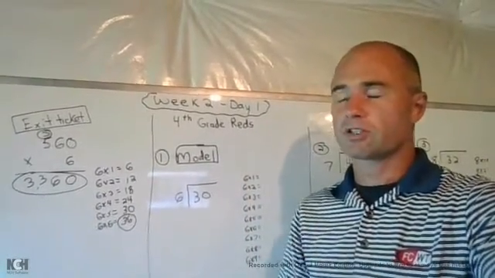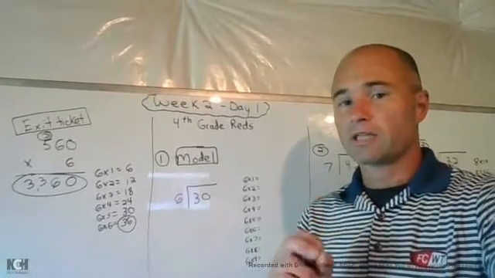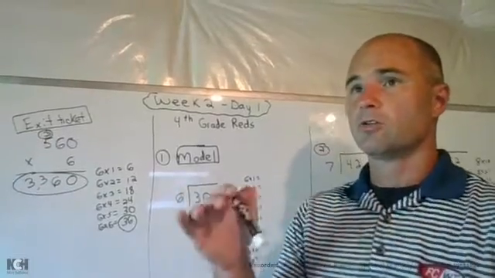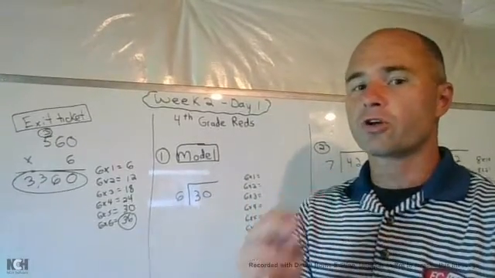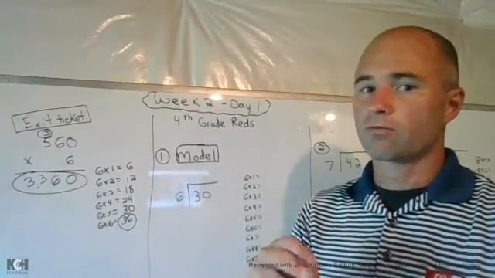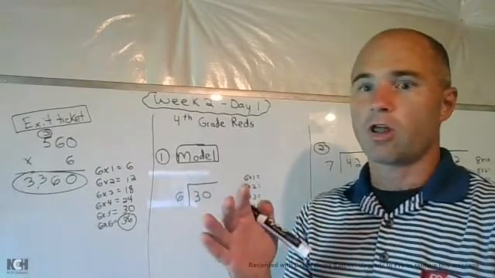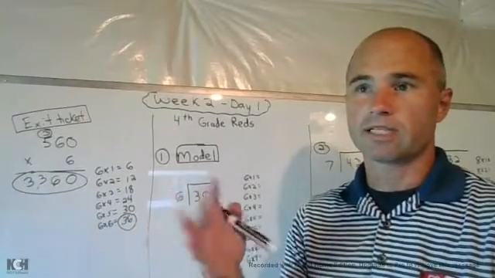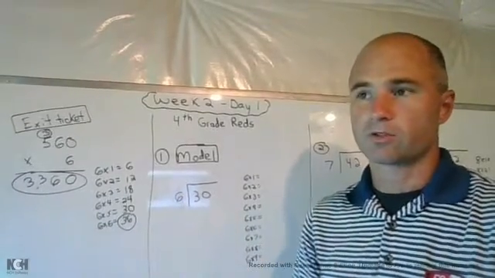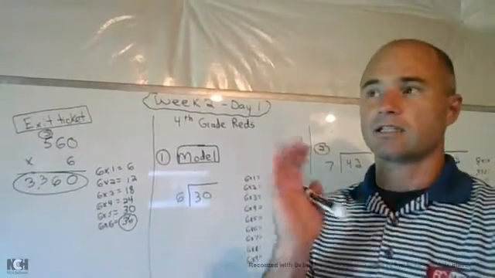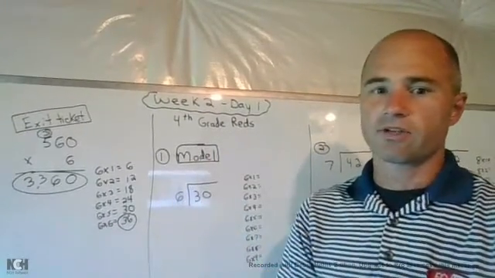If you know your division facts, so ultimately at the end of 4th grade, the expectation is that you are fluent not only in multiplication, but also in division, all the way up to 100 divided by 10. Like 72 divided by 8, and 56 divided by 7.